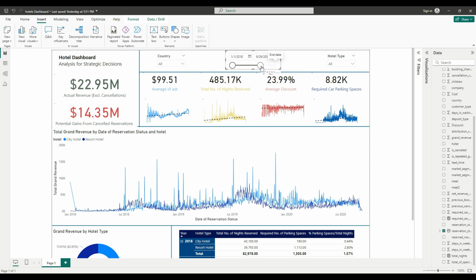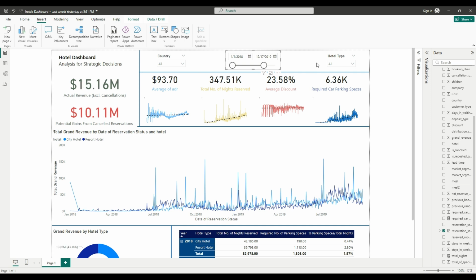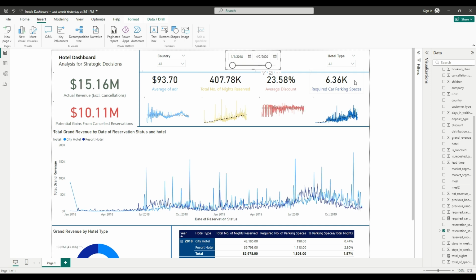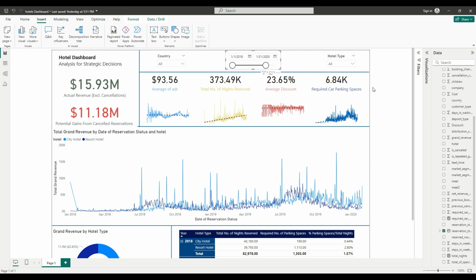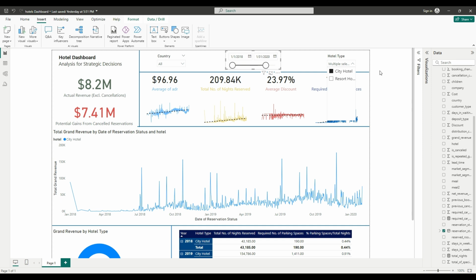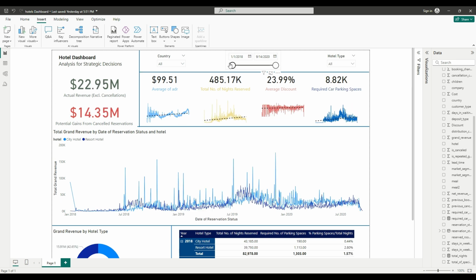So we can look at something like 2018 to before 2020, something in that range here. Do they want to see everything by hotel type? Like, for instance, I just want to see the city hotel, how they factored in. Yeah, seems the trend line is very, very good for them. The total number of nights reserved as well. So this is basically what we want to leave in the hands of the stakeholders to look and determine what they actually want to see.